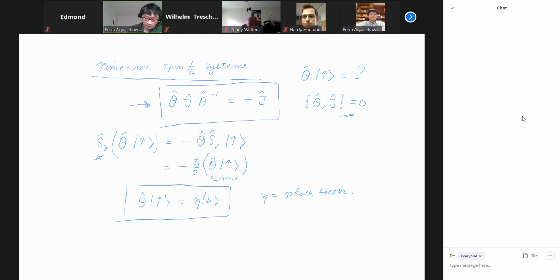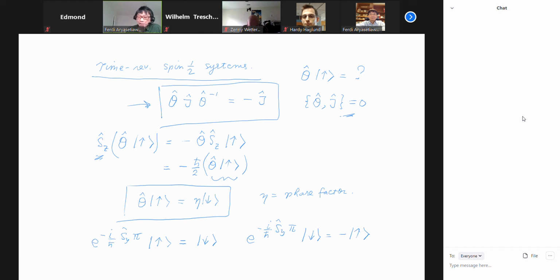And to do that, we observe that this rotation operator around the y-axis by pi, when operated on the spin up state, gives me spin down, and when we operate this rotation operator by pi on the spin down state, that will turn it into spin up, but with a minus sign.